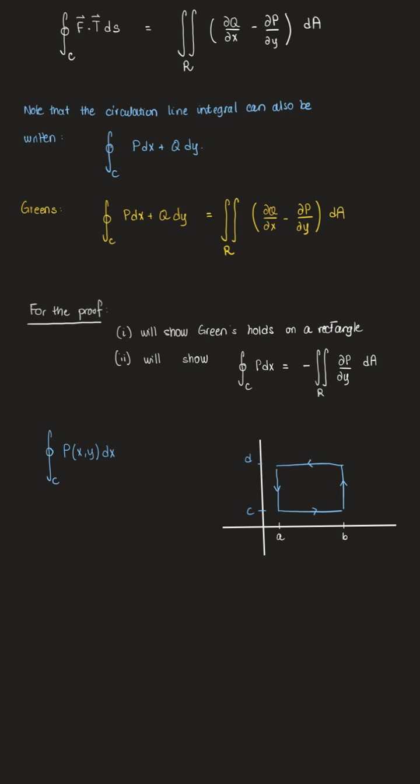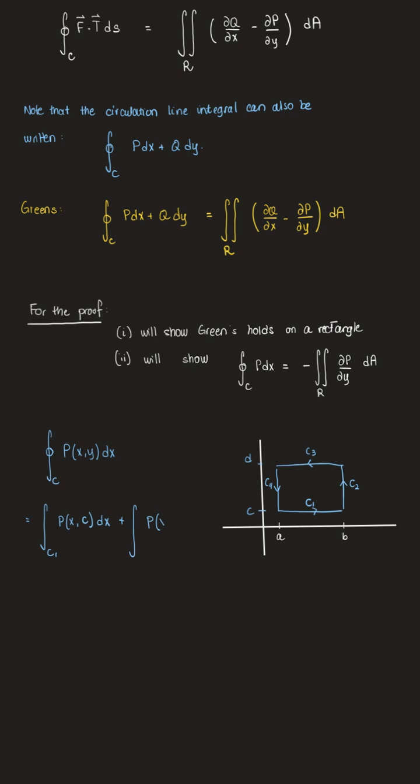So if we were to think of this integral, let's label our edges of the rectangle C1, C2, C3, and C4. So the integral over the entire rectangle will be the integral of P measured along C1, where y is fixed at a value of c, plus the integral of P measured along C2, where x is fixed and there's no change in x at all.